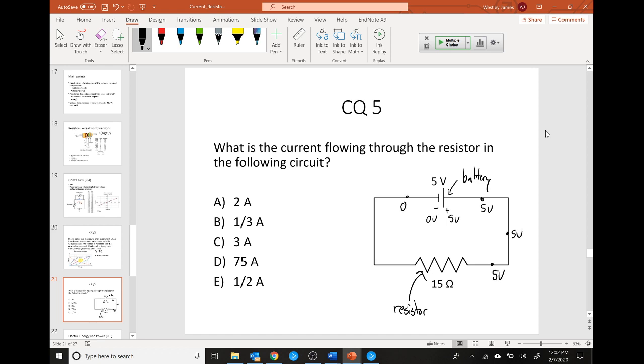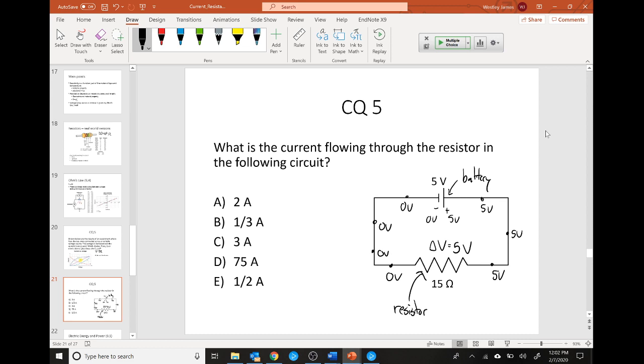Once I get to the other end of the resistor, same thing here, and this is because we are saying that the wire has 0 resistance. It's not true in the real world, but whenever we do these problems, you can make that assumption: wire, 0 resistance. Once it hits the resistor, there is a voltage drop of 5 volts because it went from 5 to 0.